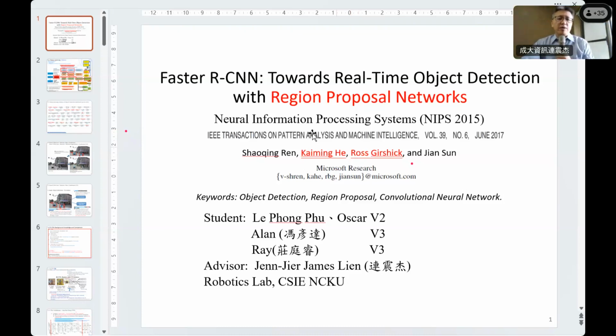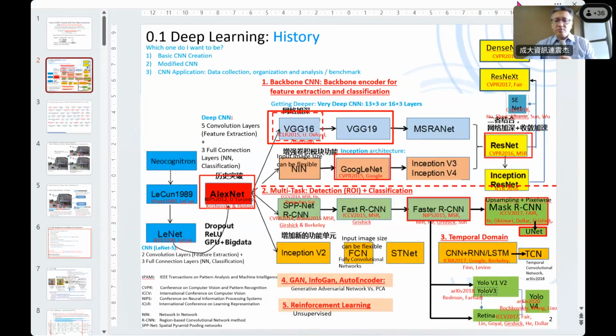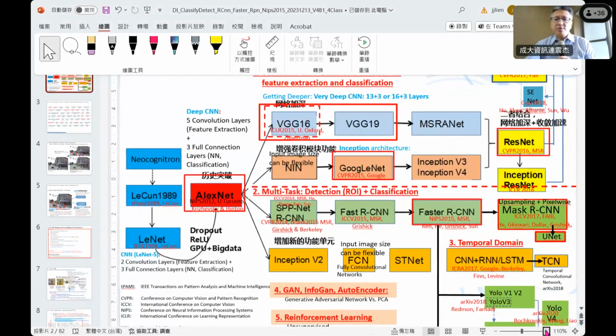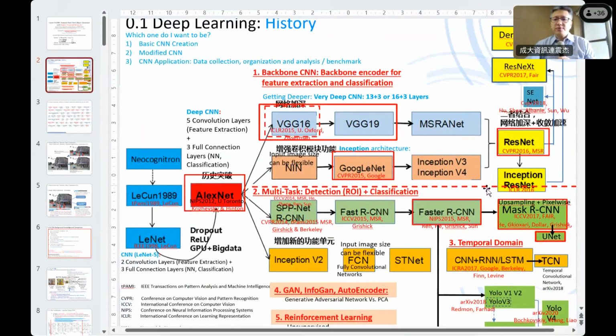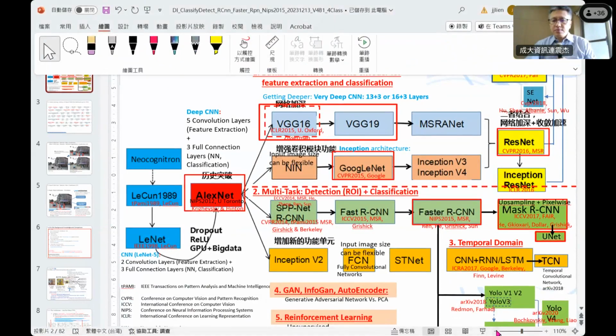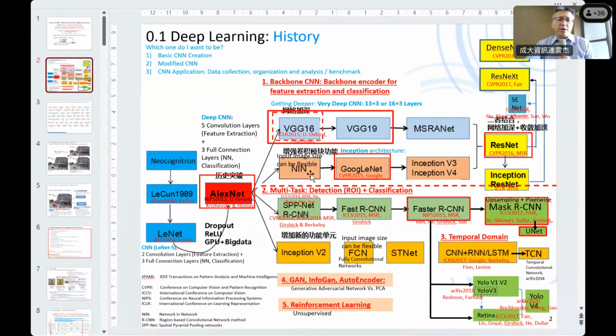Today we'll talk about detection and classification, based on the first CNN. So we already talked about the backbones: LeNet-5, AlexNet, VGG, ResNet, and also GoogleNet.